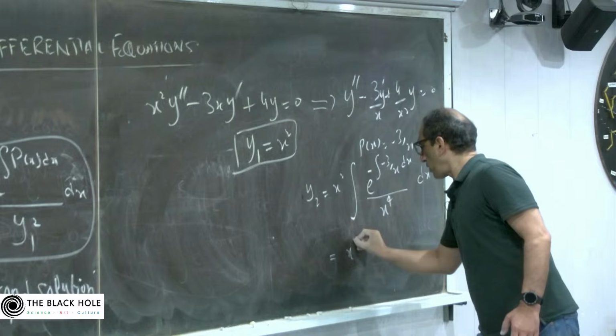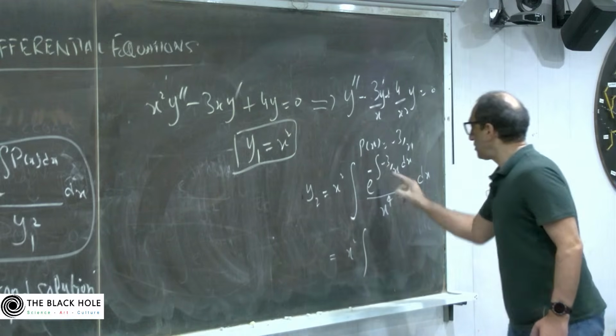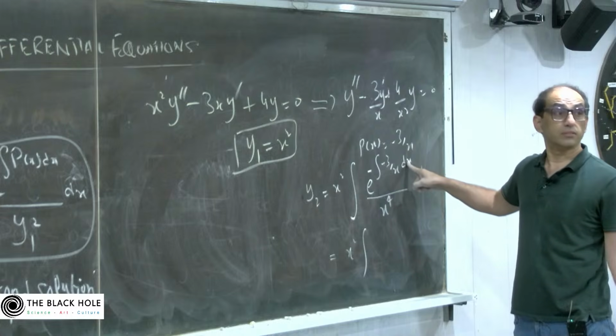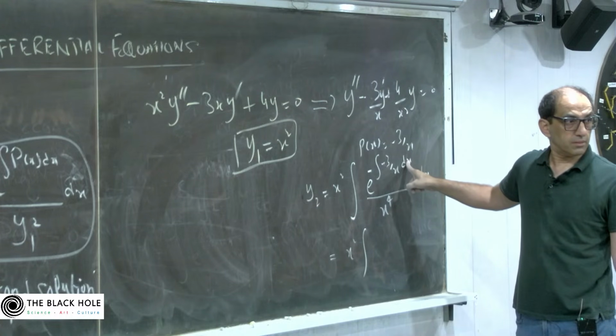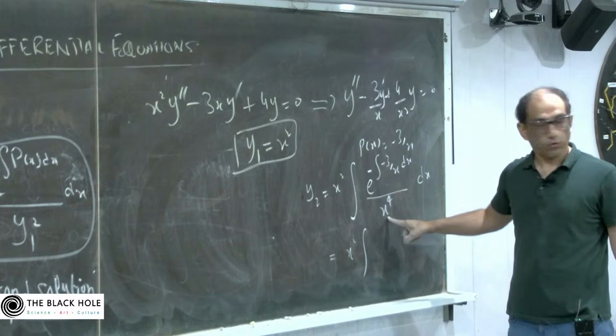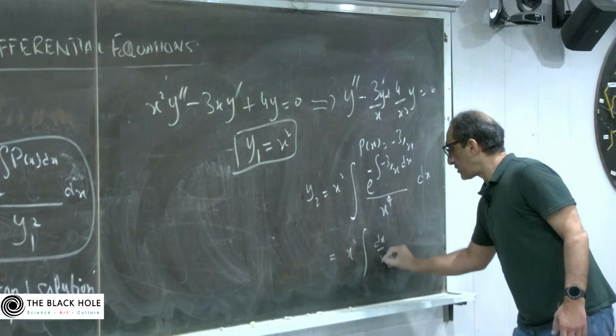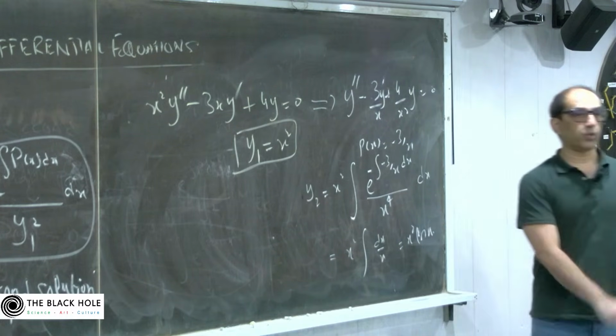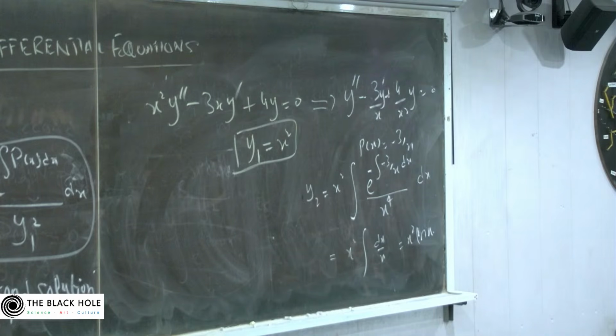This will be x squared, this will be e raised to power 3 log of x, and that can be written as x cube. So this is x cube and this is x4, so this is dx over x. So it means the second solution is x square log of x.